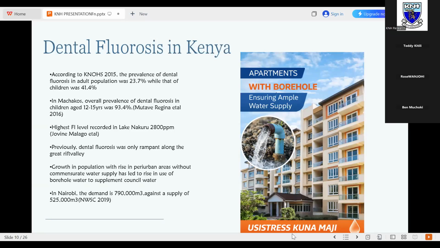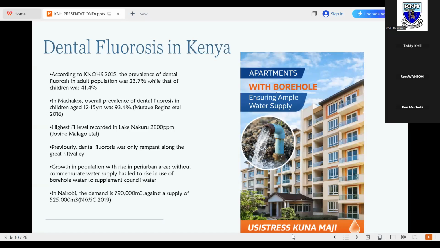Whenever we are looking for apartments, most of us look for ample, good supply of water, and mostly we will smile when we hear that there is borehole water. But the question is, is the borehole underground water safe for our consumption?